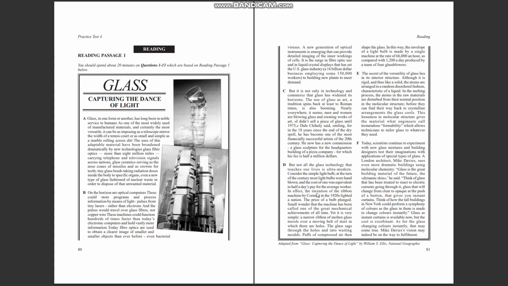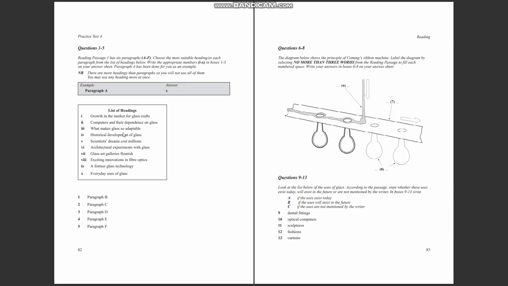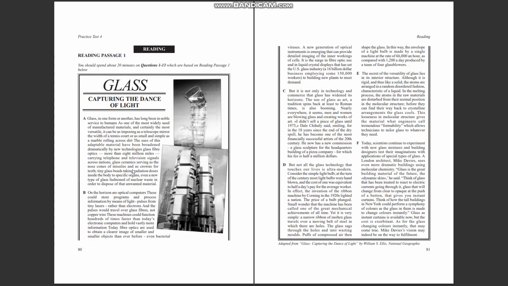Here it's talking about invention. In effect, the invention of the ribbon machine by Corning lighted a nation. And then later on the paragraph came to the present day scenario, that this is how the glass is formed. So I think this one matches more with former glass technology because it's about 1920s glass technology.